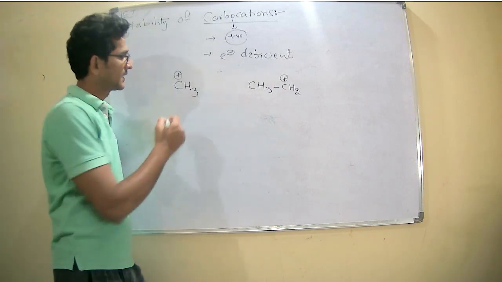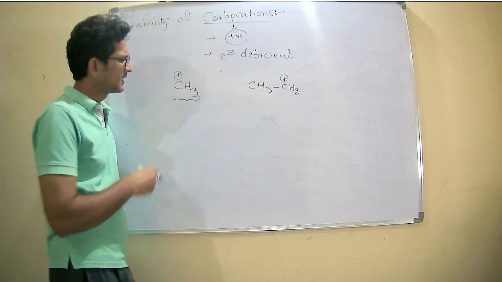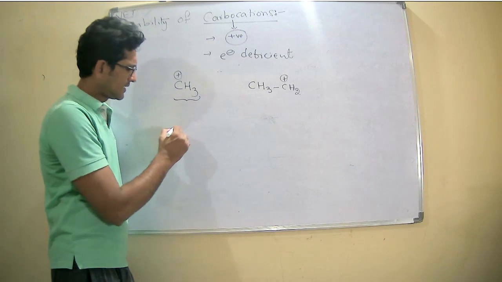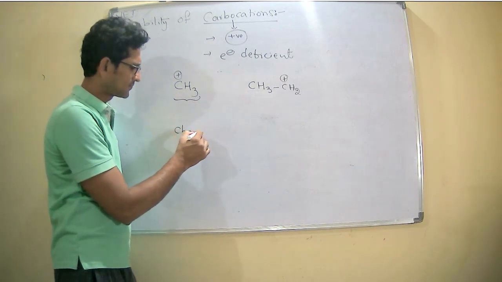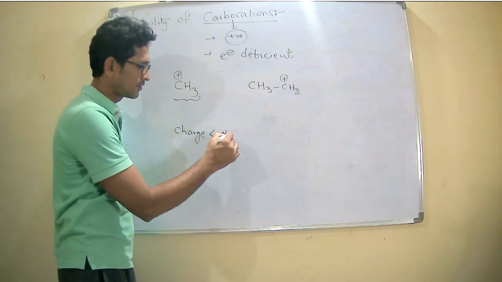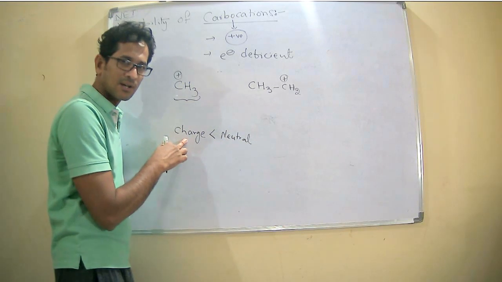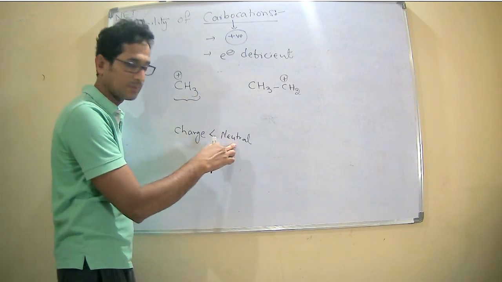Coming to the first one, the methyl carbocation. We know that any species with charge is less stable than one without charge; charged species are less stable than neutral species.